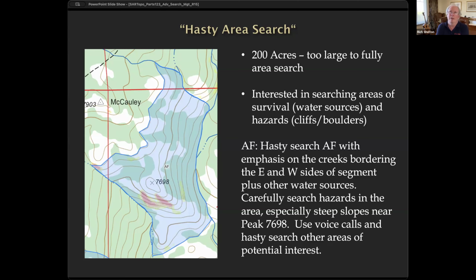We found this to be really effective in certain cases, especially when we're trying to maximize the chance of a live find and we're running out of time and expanding our search further out, focusing on areas that have water and drainages and mud holes or whatever where that person could still be alive potentially.